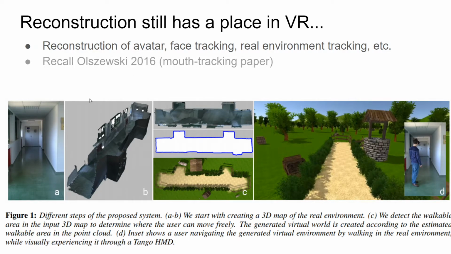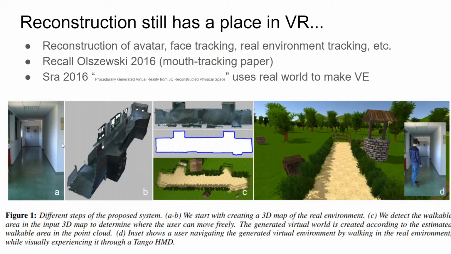It's a really cool idea. So this was the mouth tracking paper that you've seen before. We've seen it multiple times, where they have cameras under the Oculus that they're using to track the mouth. Then there's this other paper, which this image came from, where they reconstruct the real world, and then use that to procedurally generate a virtual world, which is a really cool idea.